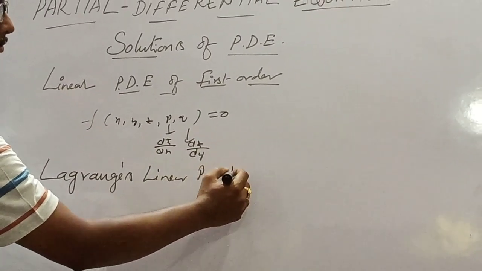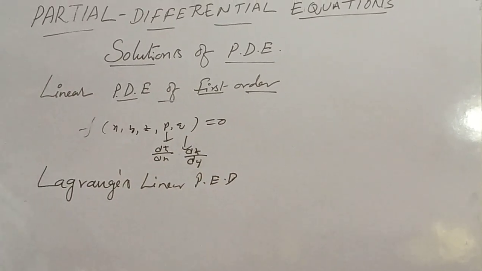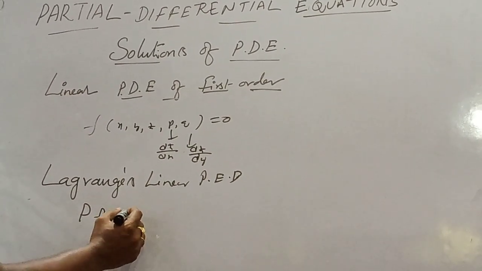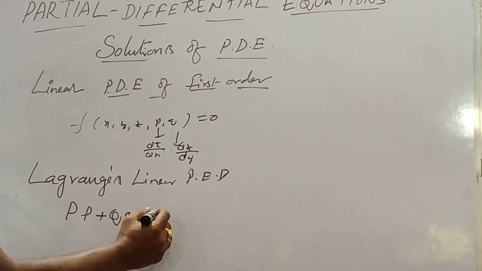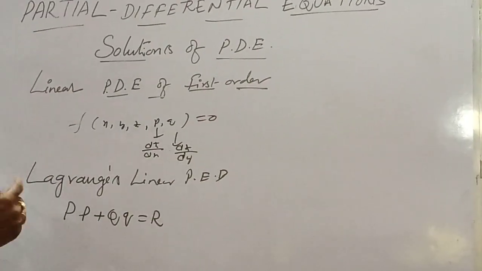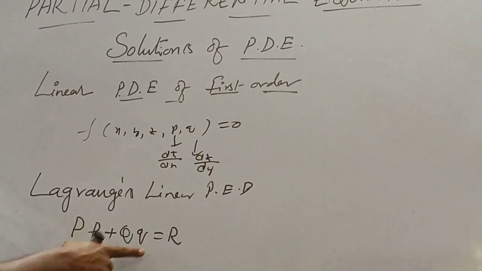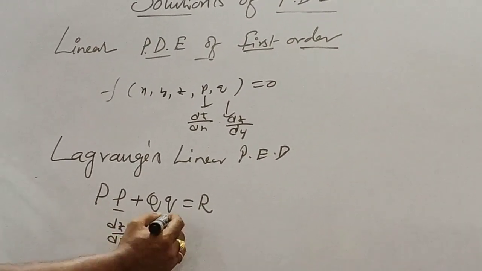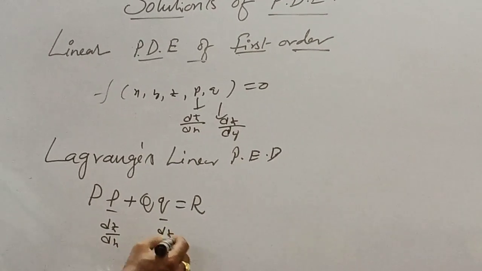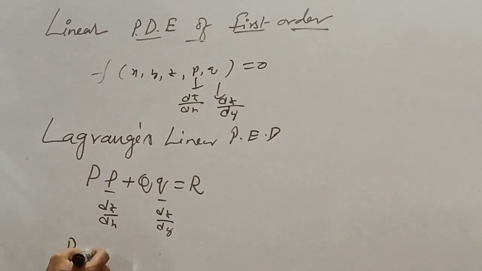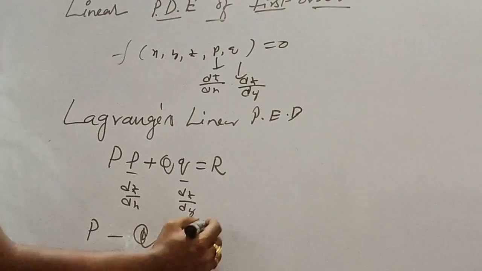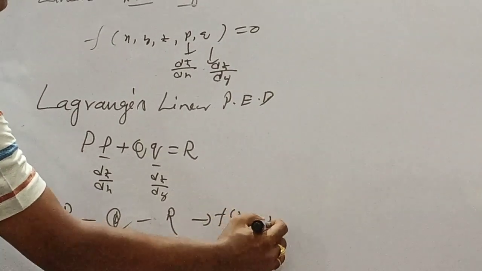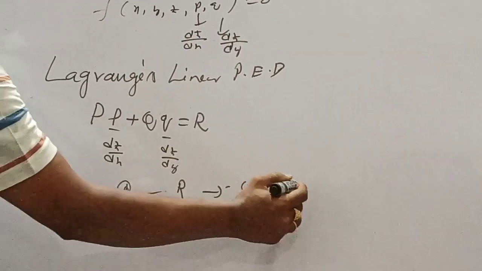Lagrange's linear PDE means a differential equation of the form capital P into small p plus capital Q into small q equal to R. The small p is dz by dx, the small q is dz by dy, and capital P, capital Q, capital R are functions of x, y, z.